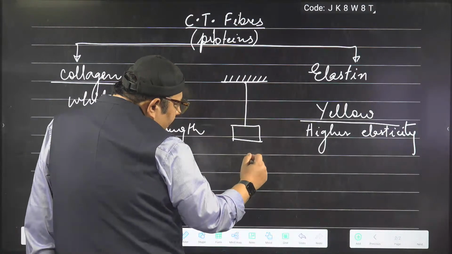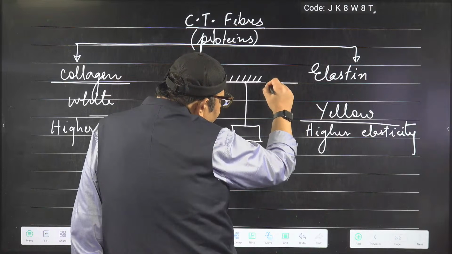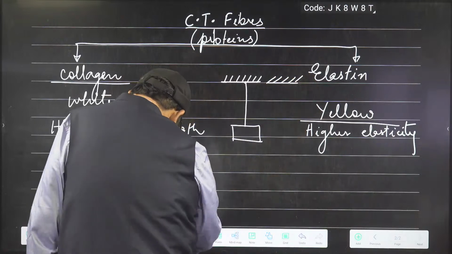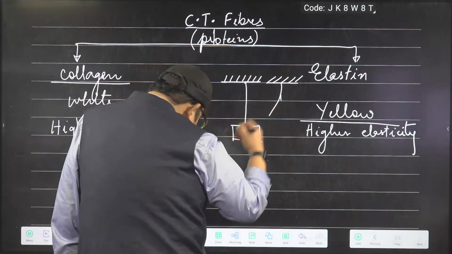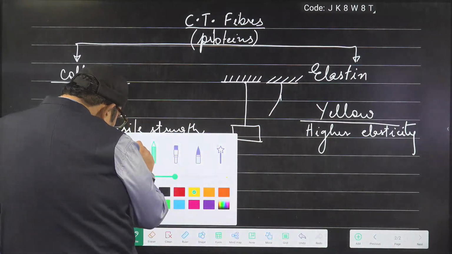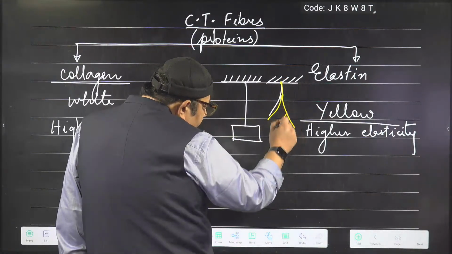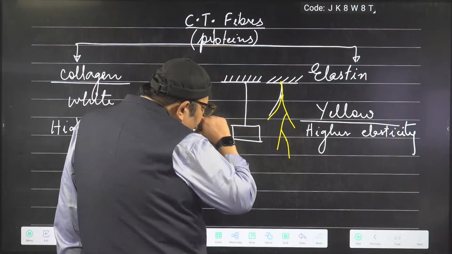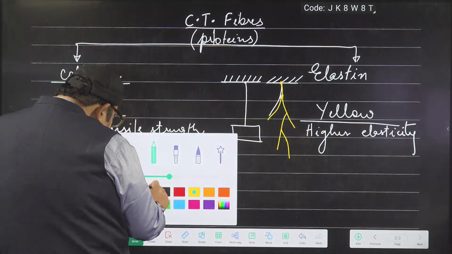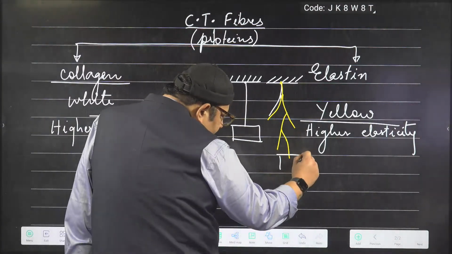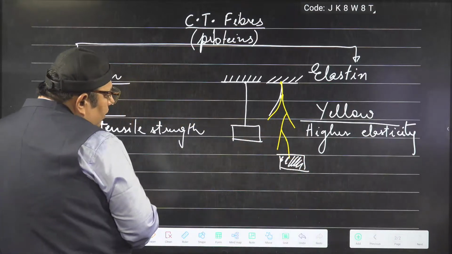Similarly, I can keep another one and tie the elastin fibers, the yellow fibers. This is how the elastin fibers look. They are branched. Keep these points in mind. These fibers are branched, but collagen is unbranched. You have tied some weight at the bottom. My question is, which one can bear more weight?